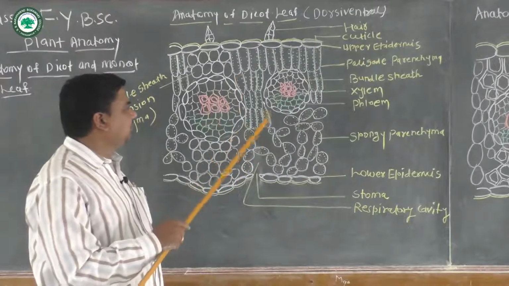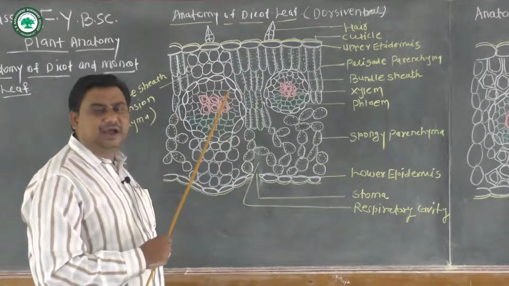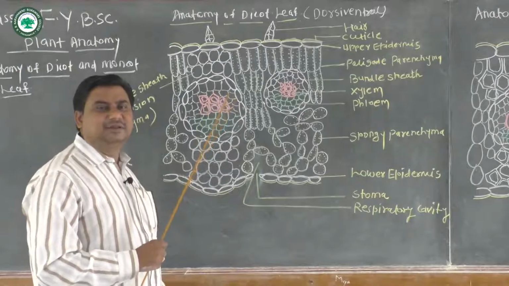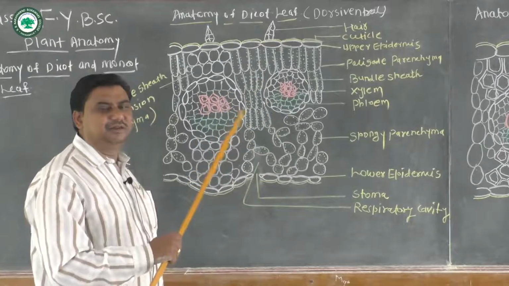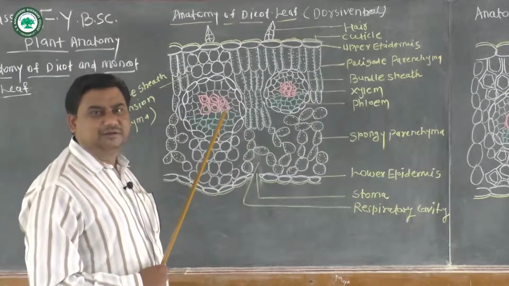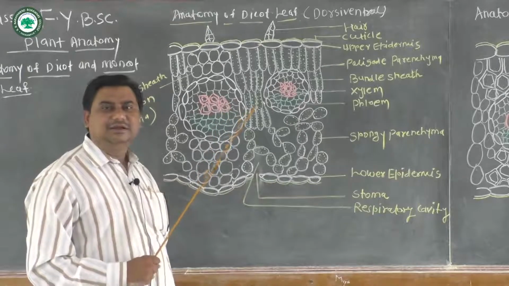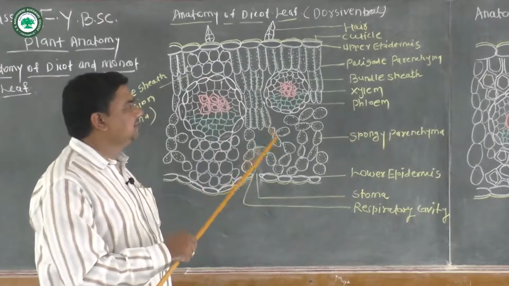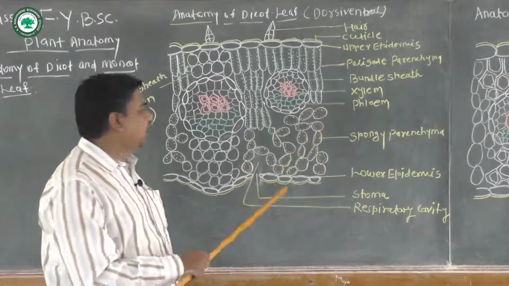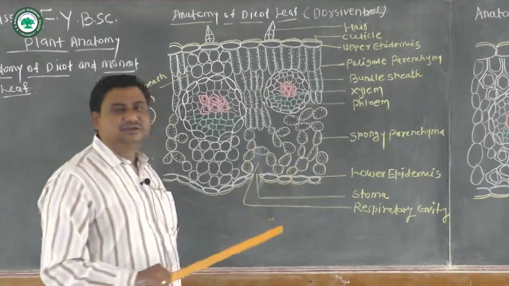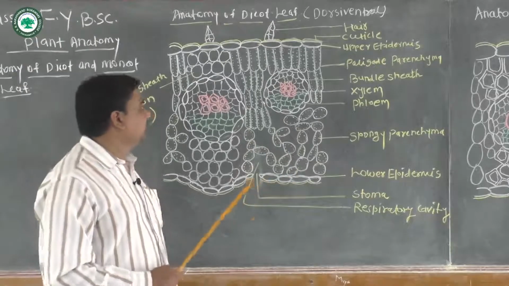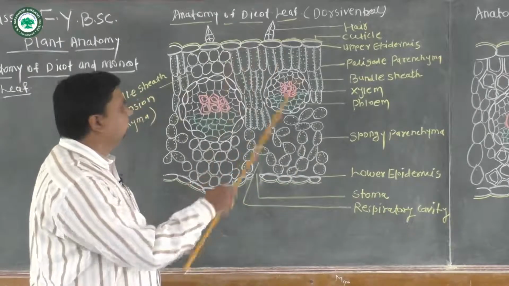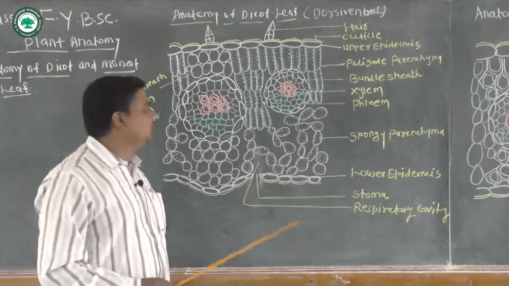Like the monocot, in monocot what will happen? There is a similar type of cell all over the mesophyll region. But here in the dicotyledon leaf, the upper region is the palisade region and the lower region is the spongy region. Okay, we now focus on the detailed structure of the leaf.